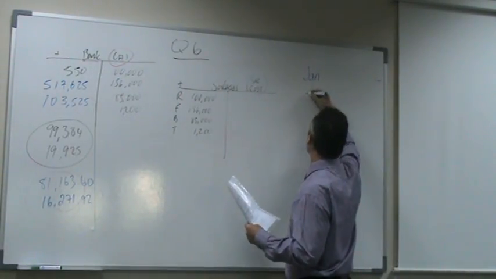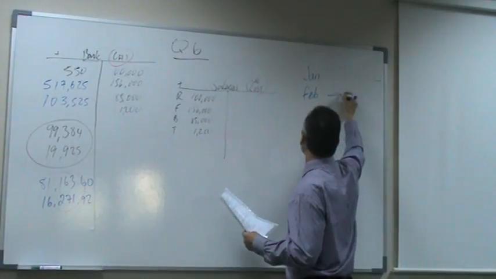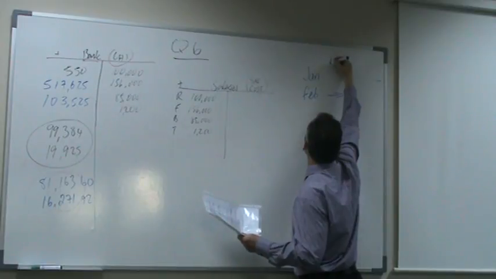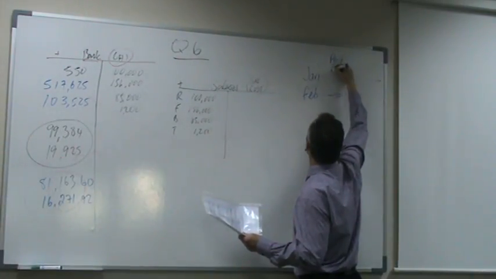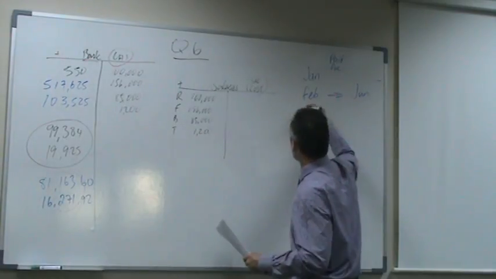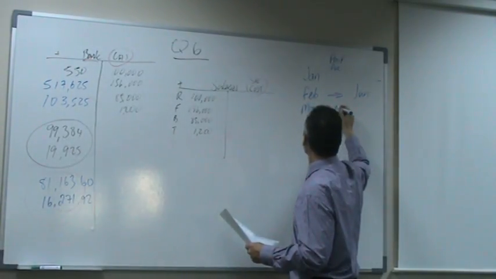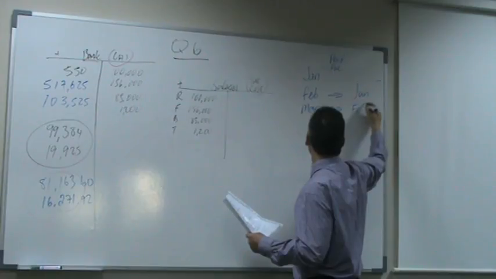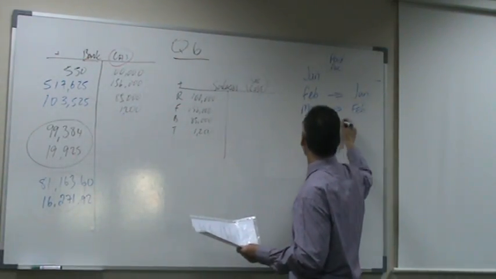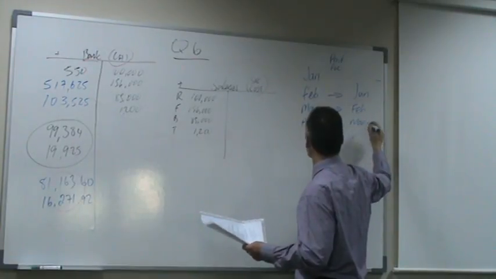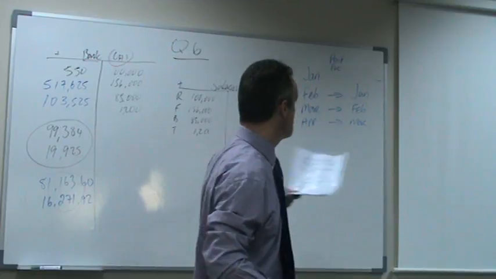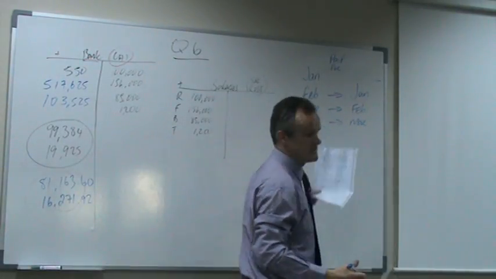In February, we paid for January. In March, we paid for February. In April, paid for March, etc. Always 1 month later. So we are 1 month behind in our payments all the way.